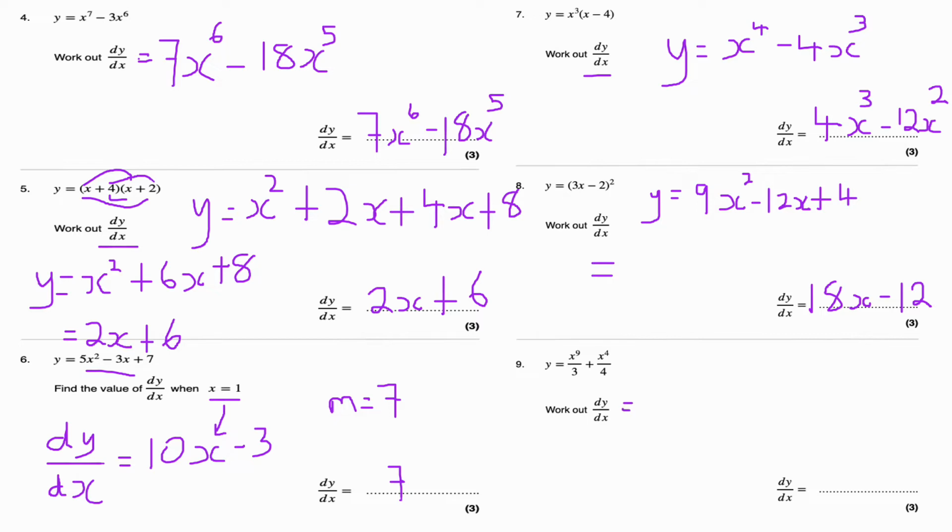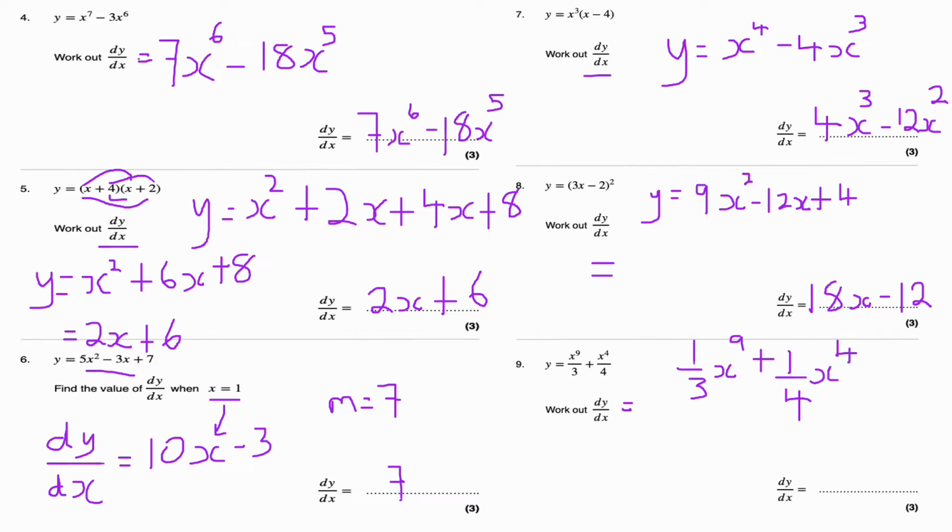Well, again, it's a fraction. Think of it like this, guys. Think of it as 1/3 x to the 9 plus 1/4 x to the 4. Now this is much easier to deal with, because when you see the original, it's not immediately obvious what to do, but now I've got a fraction times a power, which is nice and easy.